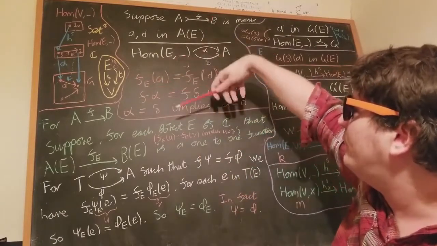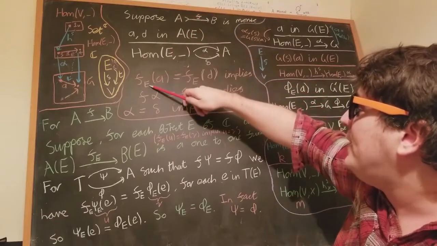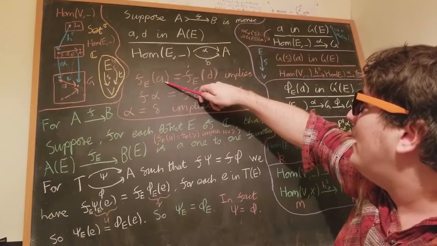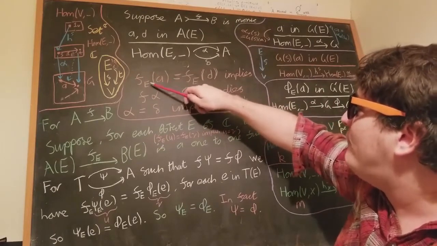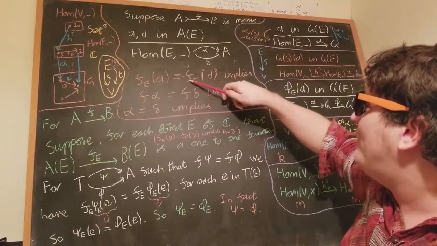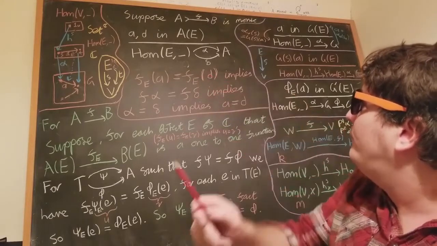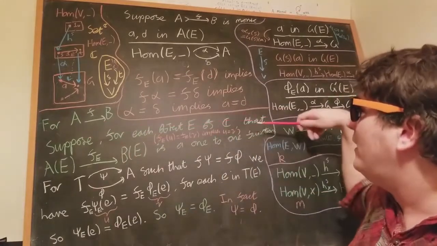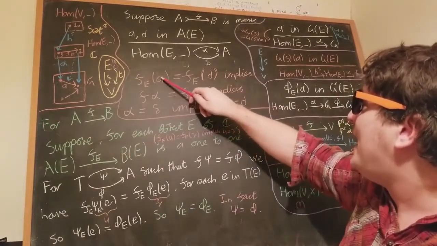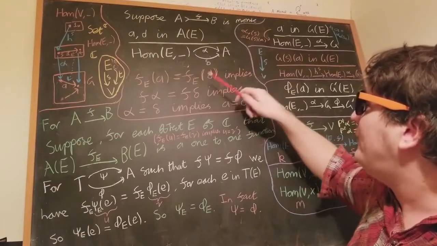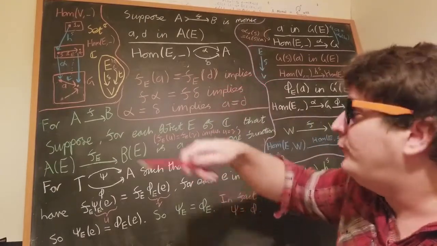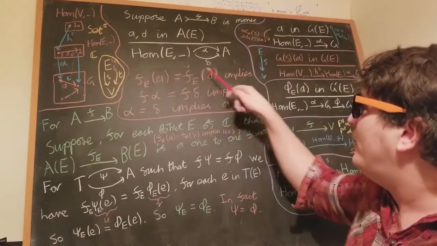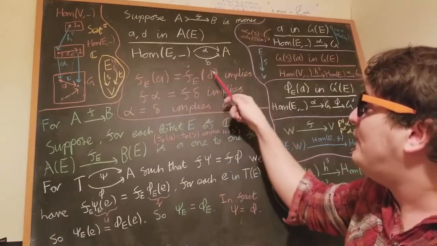Of course, this argument works for any capital E, but we'll consider the eth component operating on A, and let's just suppose that f_E of A equals f_E of D. Now, the definition of being one-to-one on objects is that f_E of A equals f_E of D implies A equals D. So what we want to do now is to show that this assumption here implies that A equals D.